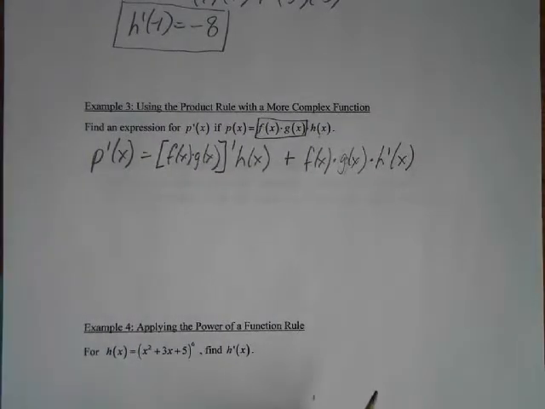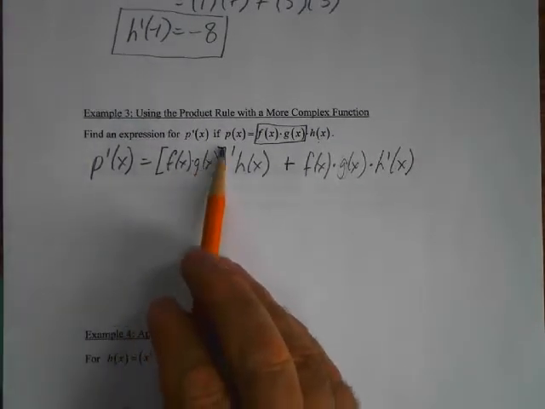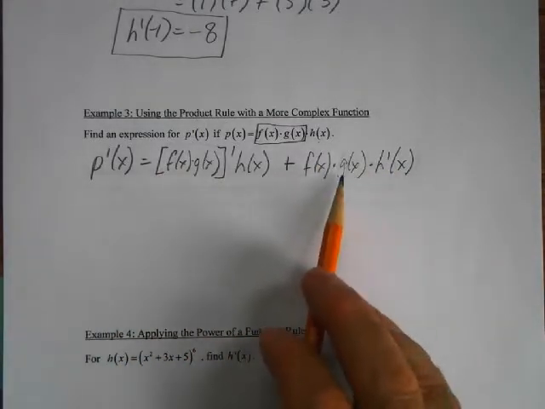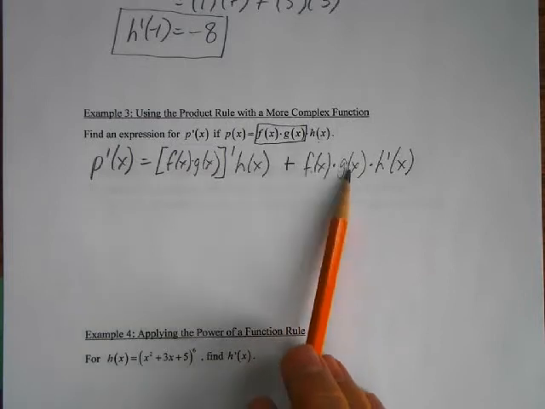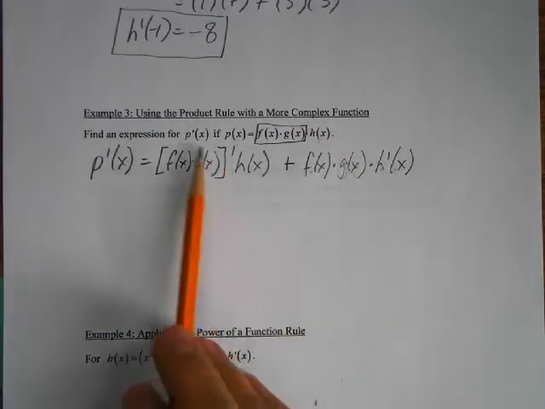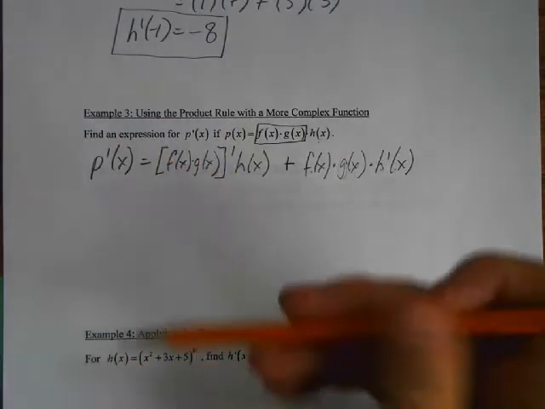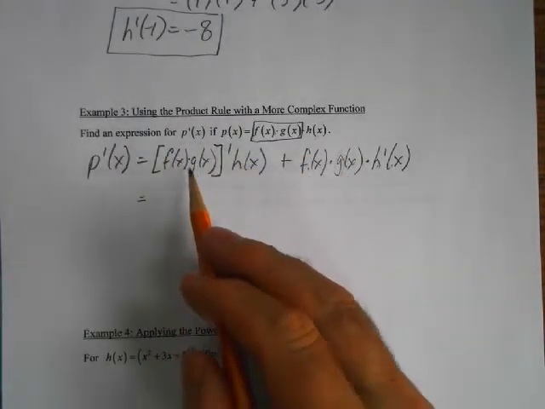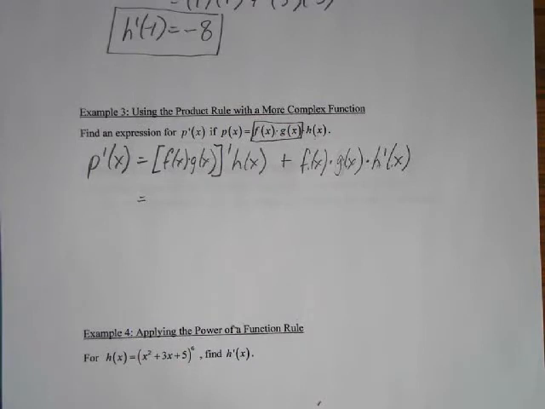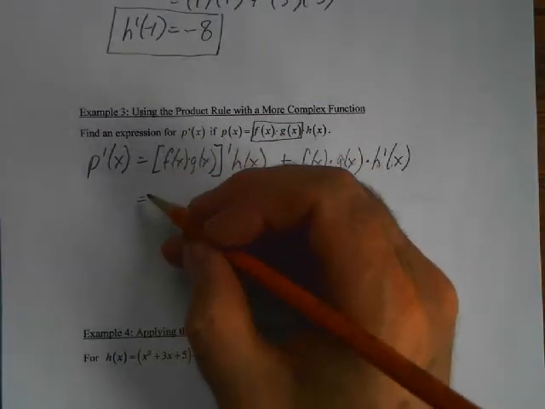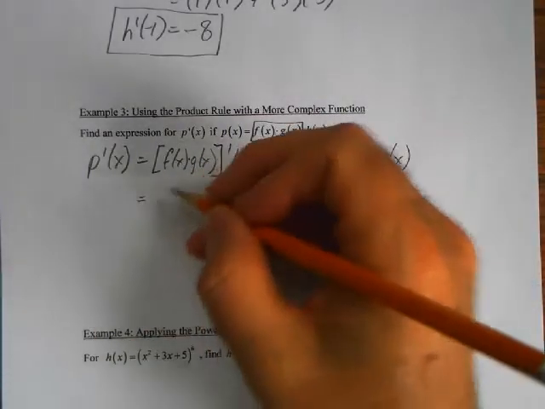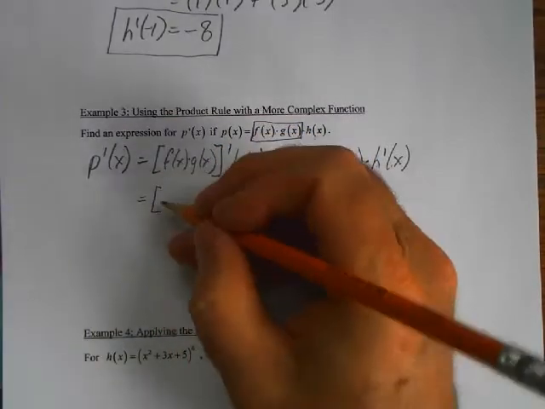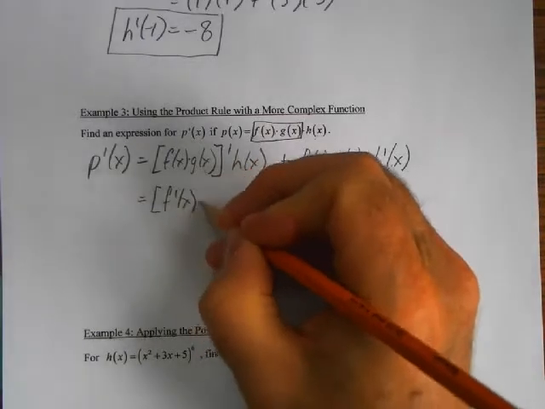Okay, so this looks pretty good. This seems like it's all done. This is f times g times the derivative of h, but I got to do a bit of work on here. So this f of x times g of x, if I want to take the derivative of that, well, that's basically the product rule. So if I'm just going to repeat this, that's going to be f prime of x times g of x.